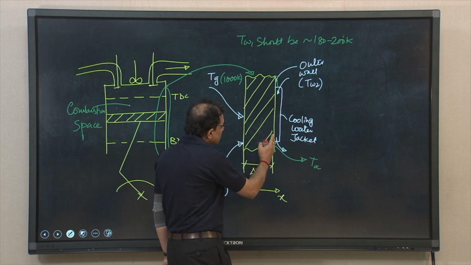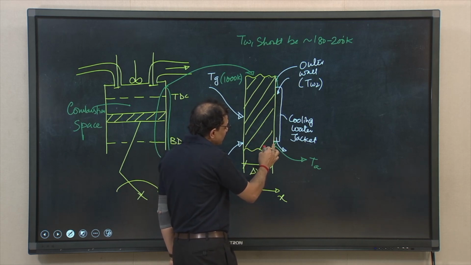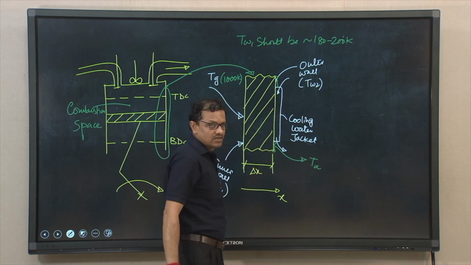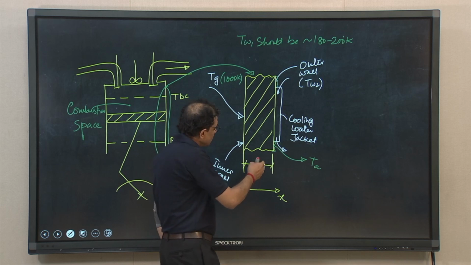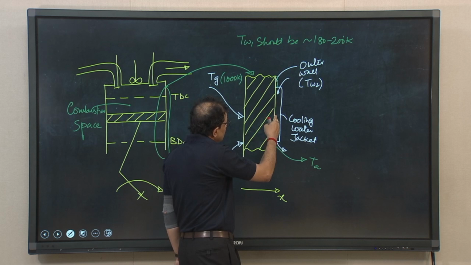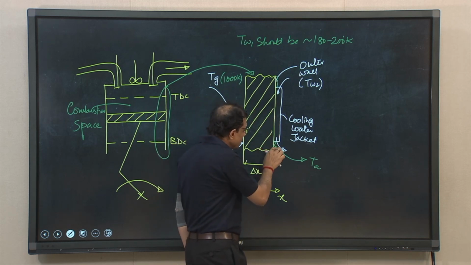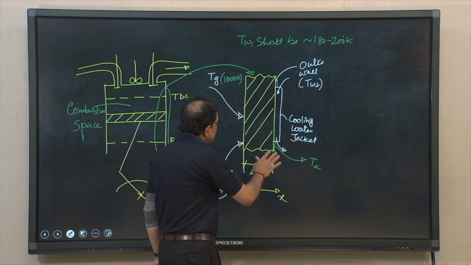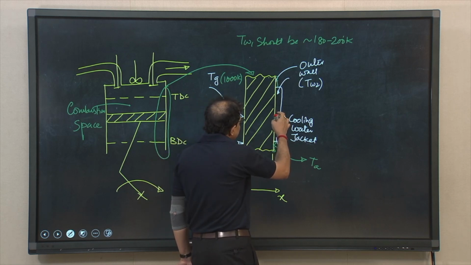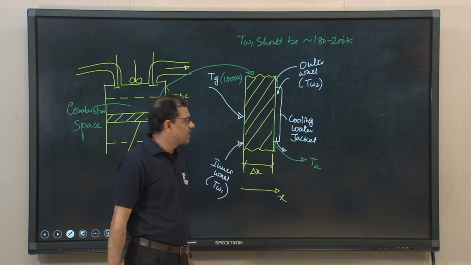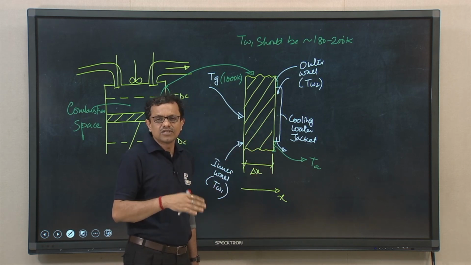So, from the outer wall of the cylinder, convective transport of heat takes place from the outer wall to the coolant, and from the outer wall to the ambient directly. The convective transport of heat from the outer wall to the coolant will depend on the coolant circulation or flow velocity and the convective heat transfer coefficient of the coolant.